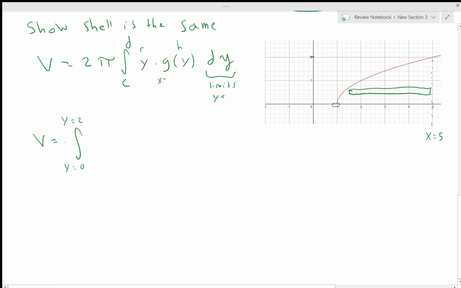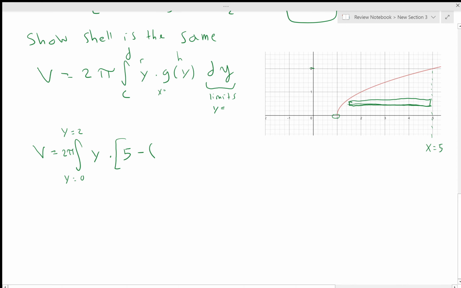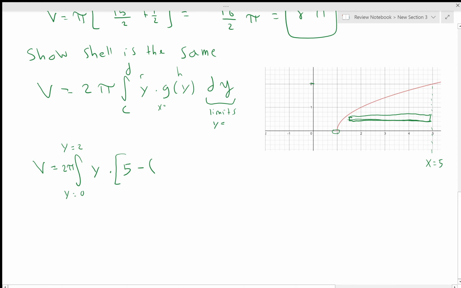And my 2 pi on my outside still, I multiply it in the end. So I have my y times, and if we see here, we need to know that my cuts go all the way until 5. So I need to write 5 minus my other equation that I need it to be an x equals. So right now I have that y is equal to the square root of x minus 1.